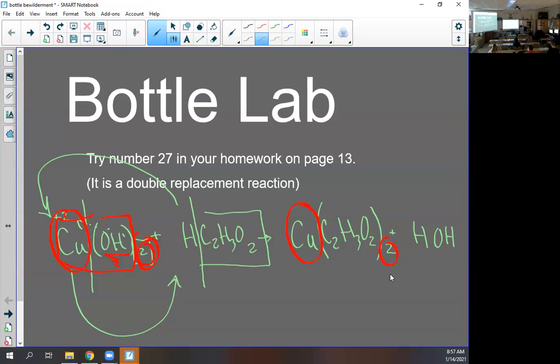They broke up. They've moved on. But the charges, they go with their other partner now. Okay, now we know water is just HOH, so I'm not going to worry too much about balancing the plus and minuses. So the last step would be to just put the coefficients now. Will you try that?